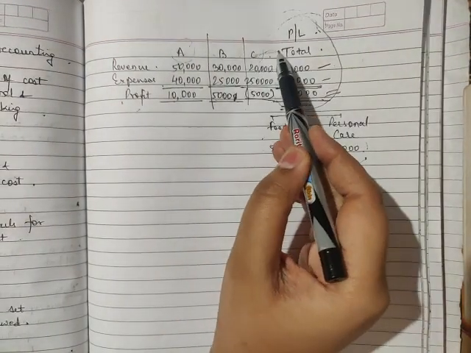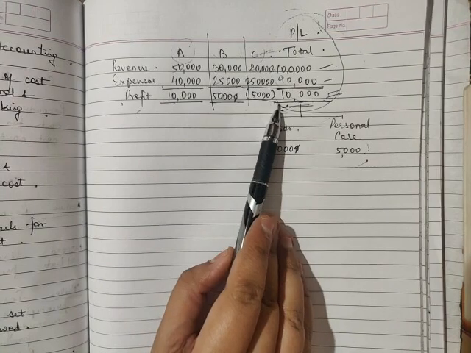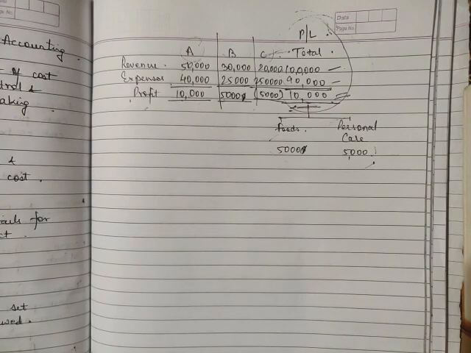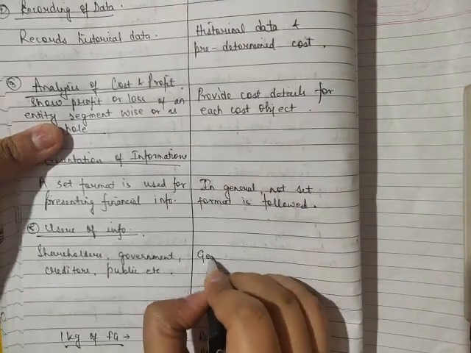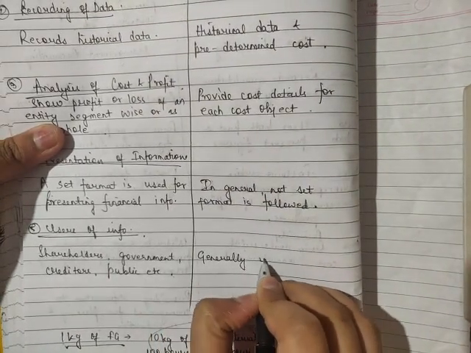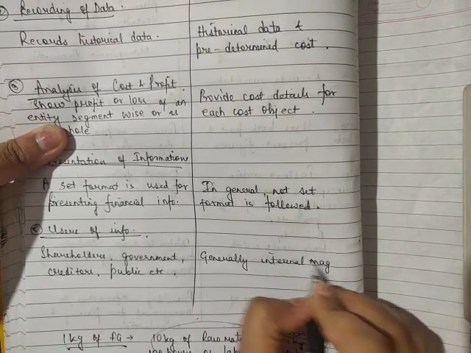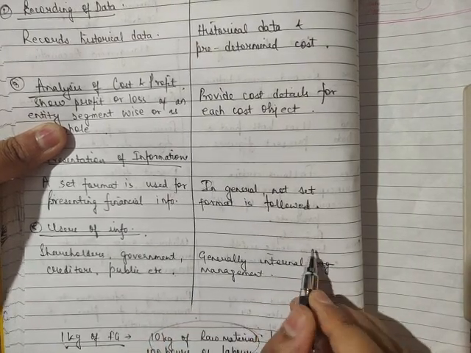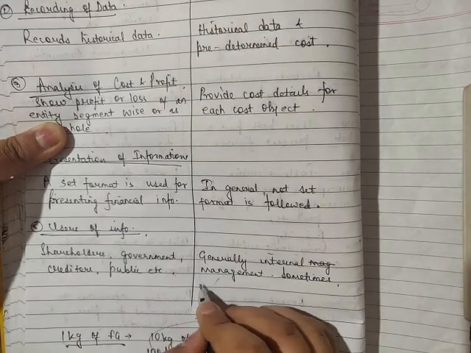Now, suppose C is continuously making losses over the years, then management may decide to discontinue this product basis this analysis, which is done as a part of cost accounting. So, in cost accounting, the users are generally internal management. Sometimes regulatory authorities may also look at the cost records.